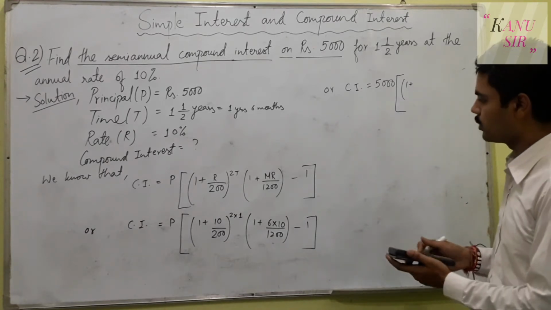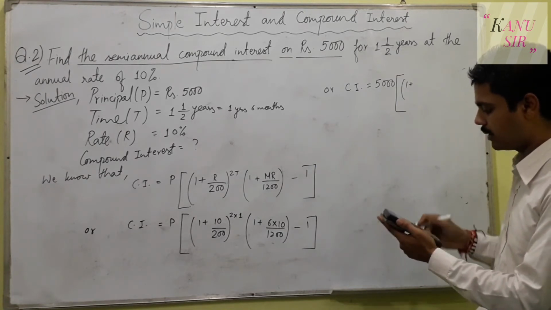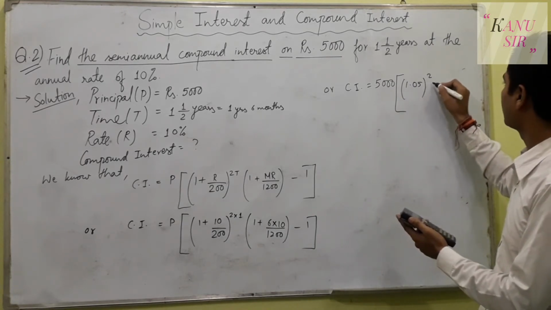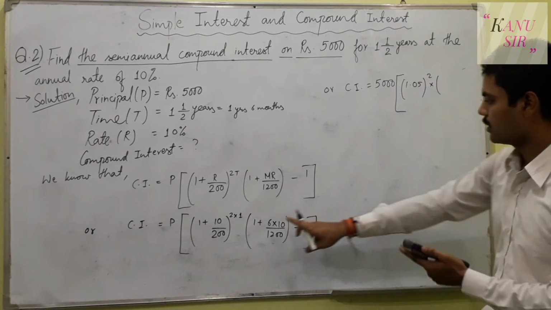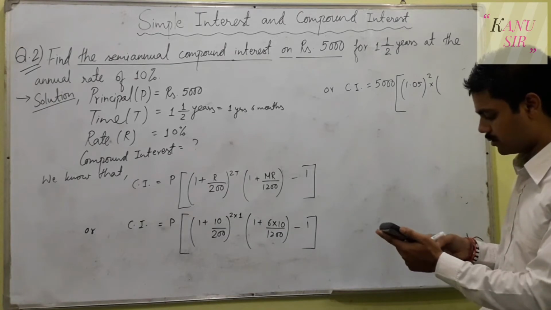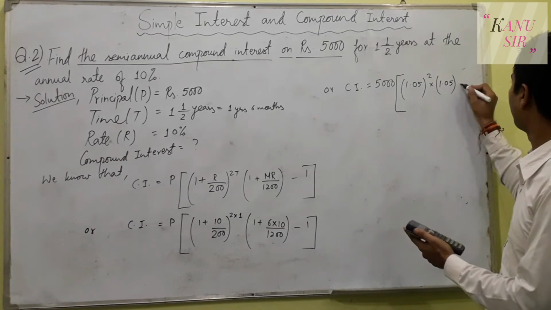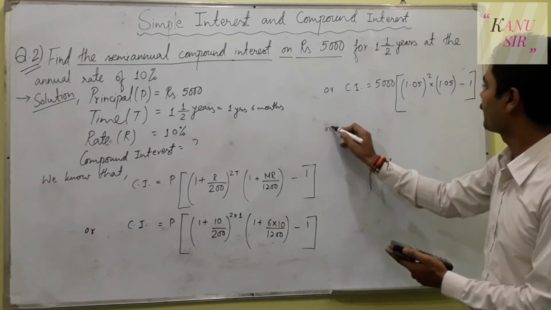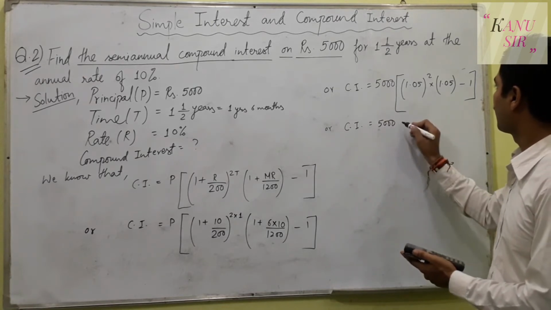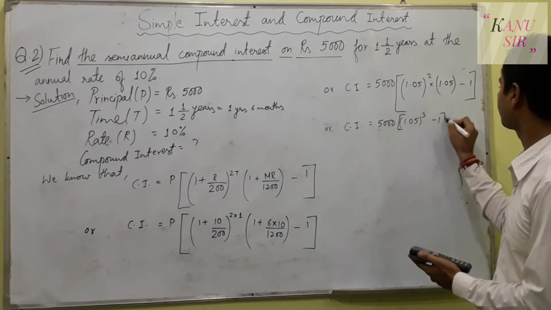So directly I am going to use a calculator here now. 1 plus 10 divided by 200 is 1.05, to the power 2, into 1 plus 6 times 10 by 1200, which gives 1.05, minus 1. So CI is equal to 5,000 times 1.05 to the power 3 minus 1.